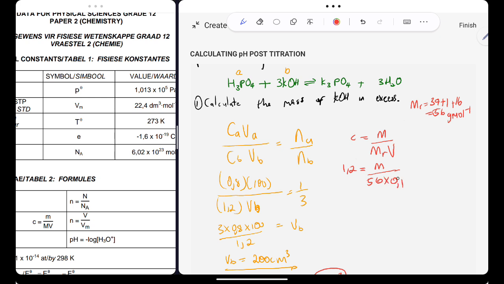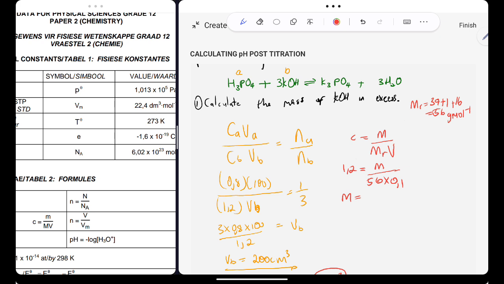Remember that, guys, the volume of the base in excess is 100 cubic centimeters. So for me to calculate the mass of the base in excess, I must use the volume which is in excess. So the mass of my base, I'll simply cross multiply. I'll have 1.2 multiplied by 56 multiplied by 0.1.